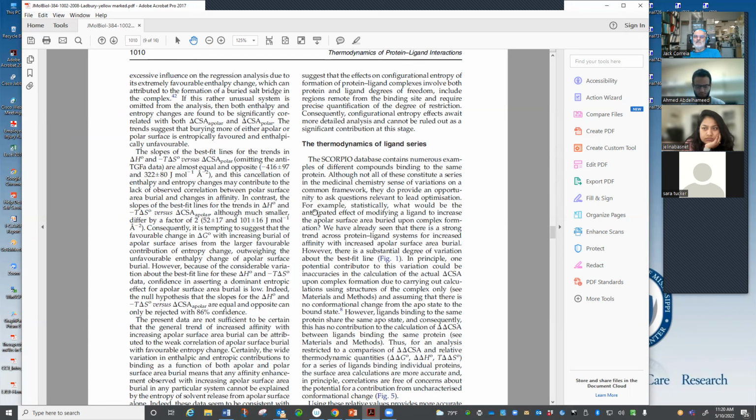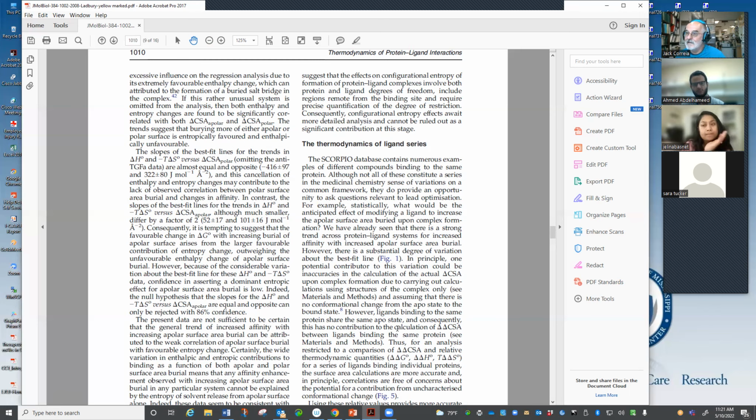And so then they get into looking at the thermodynamics of ligand series. The idea here is that if we were to compare drugs where we've made small modifications to the same drug that will bind to the same site, small chemical modifications, and then we look at enthalpy entropy correlations, maybe that is more understandable, and maybe that correlation will make more sense because there are certain commonalities.